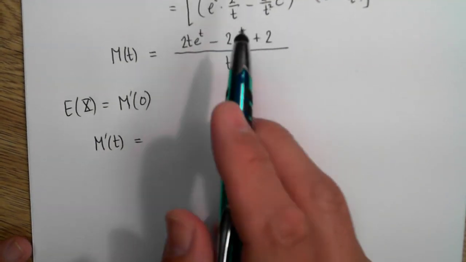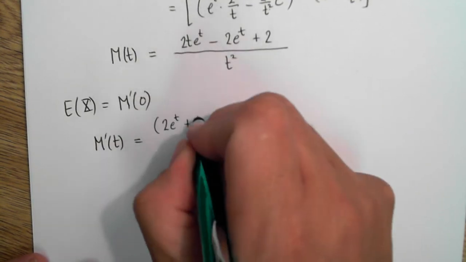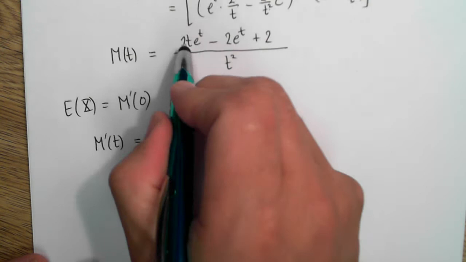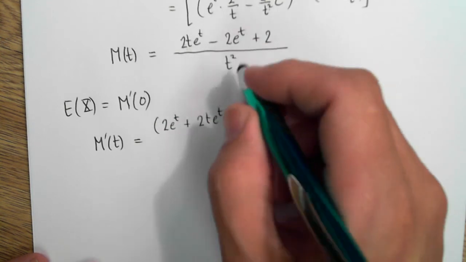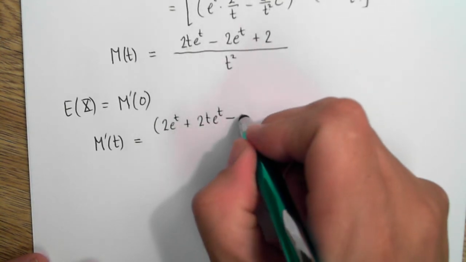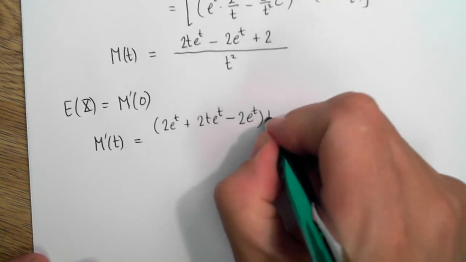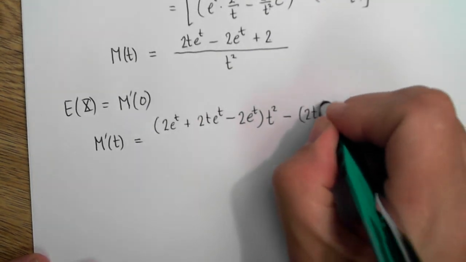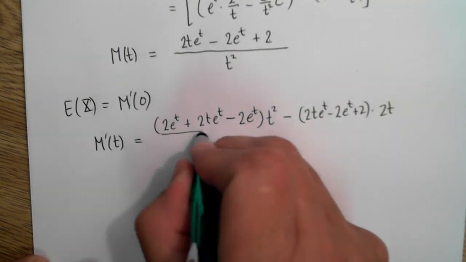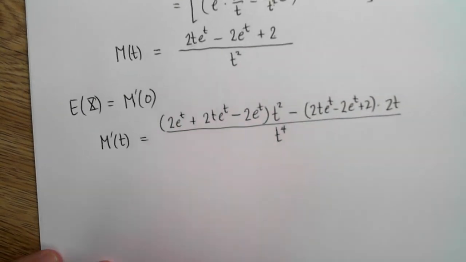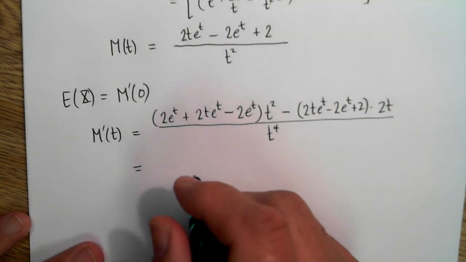Derivative of the top will be 2 times e to the t plus 2t times e to the t, using the product rule, minus the derivative of 2 times e to the t, which is the same thing, 2 times e to the t, then plus the derivative of 2, which is 0. So that's the derivative of the top times the bottom, minus the top times the derivative of the bottom, all over the bottom squared. All right, so let's simplify this and hope for the best.